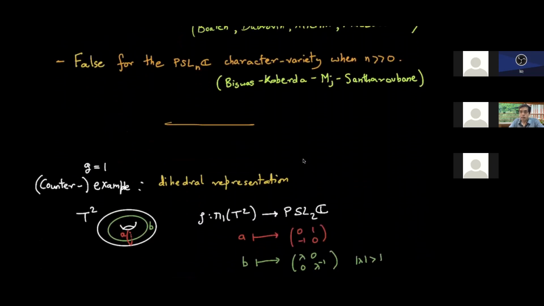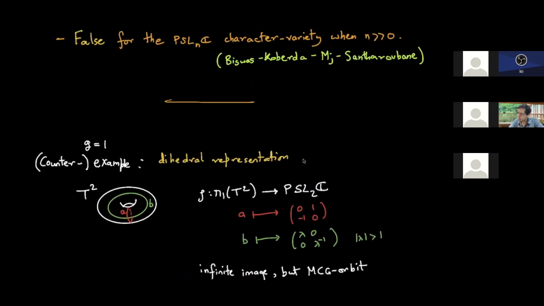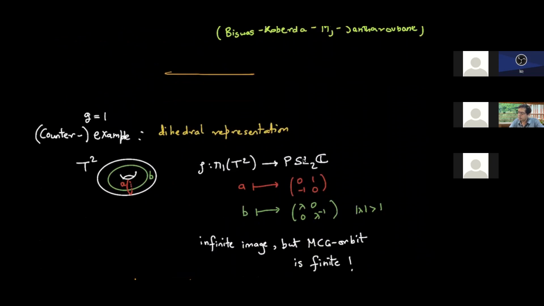Okay, so let me mention a counterexample in genus 1. It's called a dihedral representation. Here, in genus 1, you just have a torus, and you define this representation by mapping the A curve to this inversion, (0, 1; -1, 0), and the B curve to this diagonal matrix.